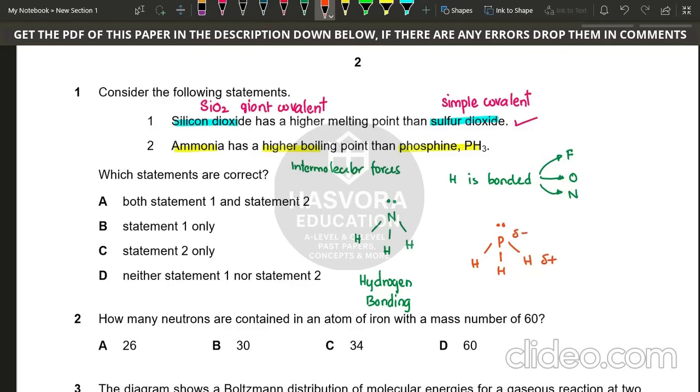Because of this, only permanent dipole exists. Hydrogen bonding is stronger than permanent dipole. It means ammonia will have a higher boiling point than phosphine. So this statement is also correct. So the answer will be option A.